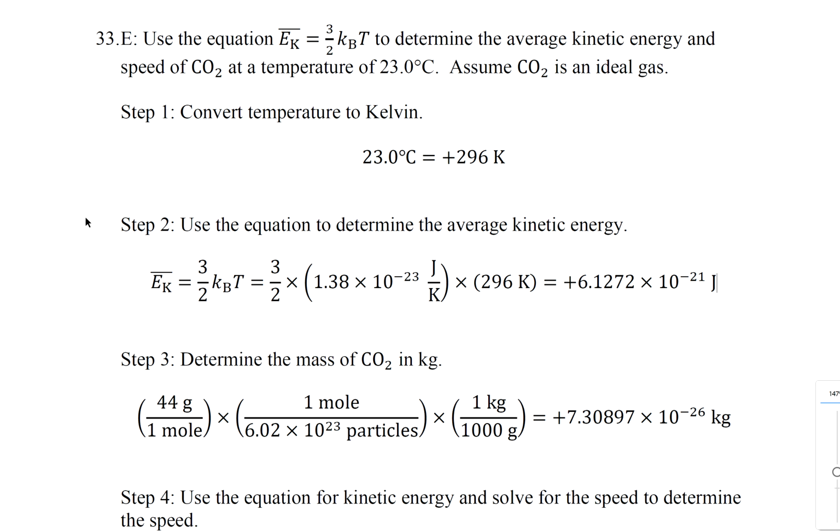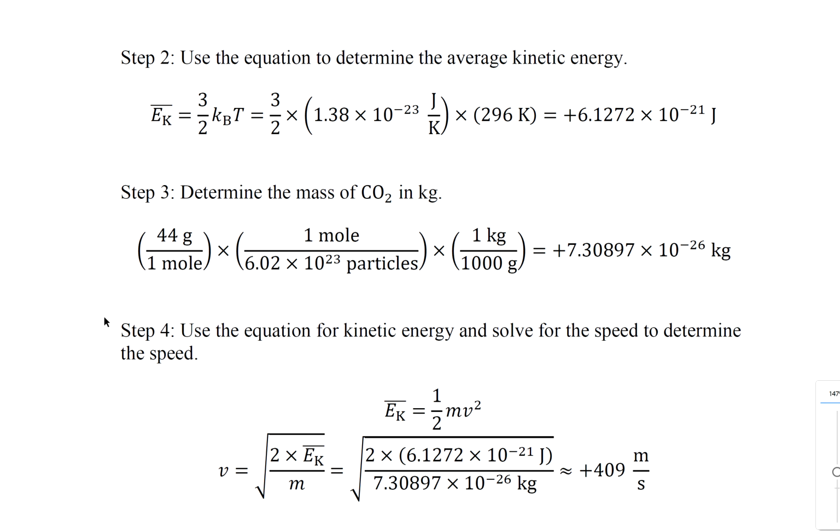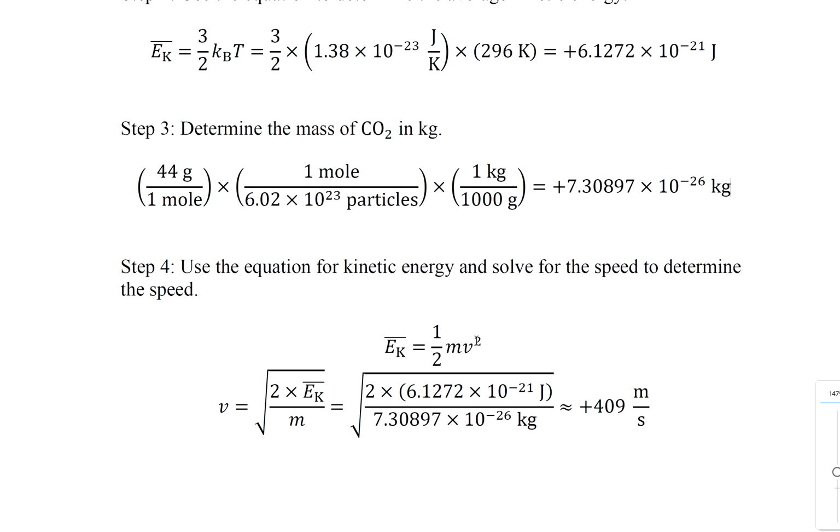Step 3, determine the mass of CO2 in kilograms. We have 2 unit conversions. We get this. And finally, we're going to use 1/2 mv squared to solve for average speed. It's 409 meters per second.